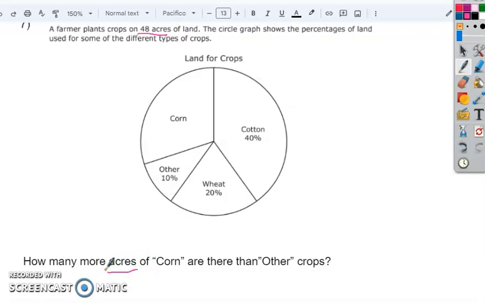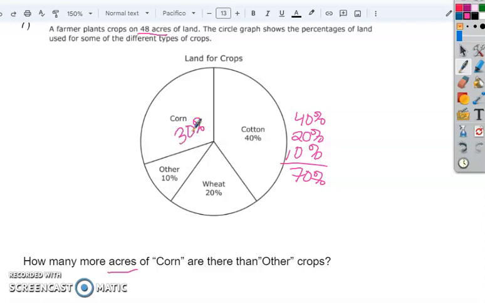Okay, so if we look at this, we notice that we're missing a section. Okay, so we have 40% plus 20% plus 10%, which is 70%, right? So the rest of this, we should know, is 30, because 70 plus 30 gives me 100%.